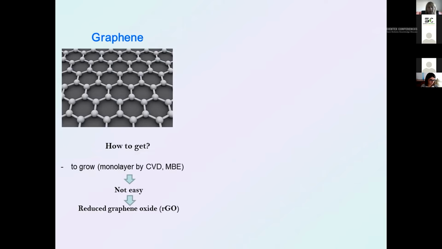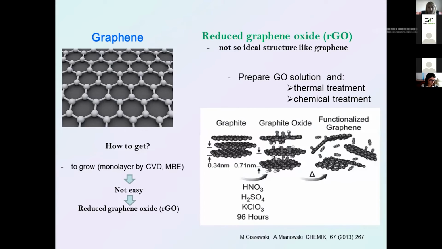So typically in the laboratory, we can prepare reduced graphene oxide. What does it mean? We have graphite, a very cheap material and not difficult to prepare. We can make a chemical treatment to obtain graphite oxide.